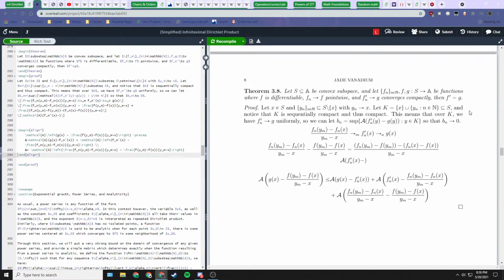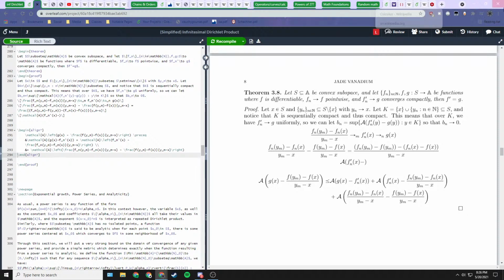I don't know if this proof is going to work out in this way. Let me just try. So we get our compact set, and we want to show that these converge really nicely. F_n prime goes to G uniformly, so we can let B_n be the supremum of these differences.